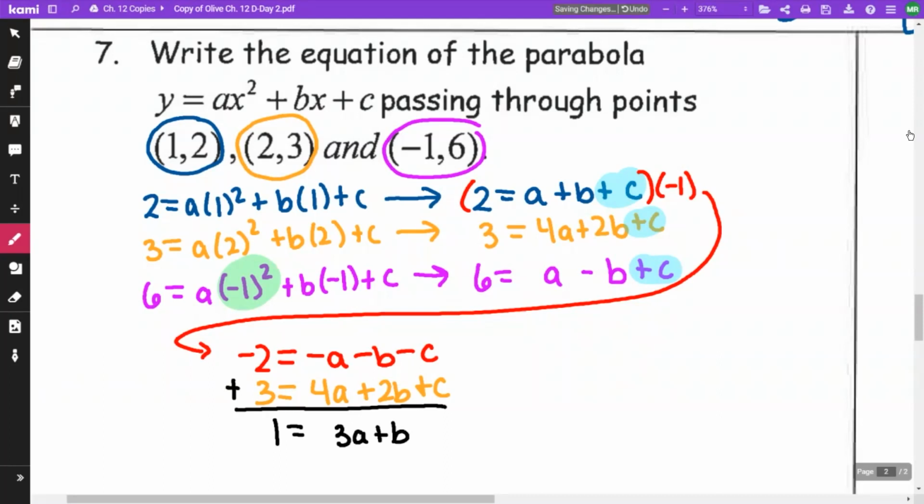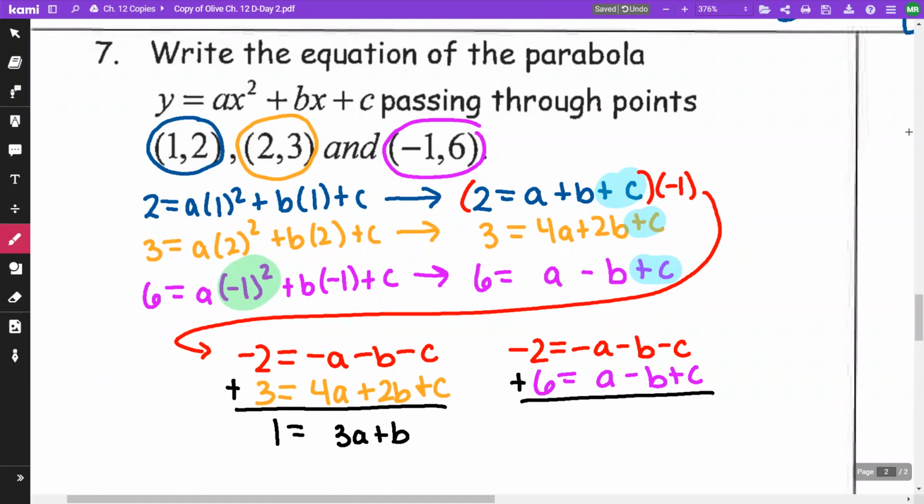I am going to take that same equation, negative 2 is equal to negative a minus b minus c, and this time use it with the other equation, 6 is equal to a minus b plus c, and add that one up. When I do that, I get 4 is equal to, my a's cancel out, my c's cancel out, and I get a negative 2b.